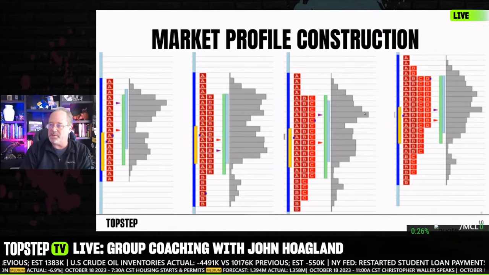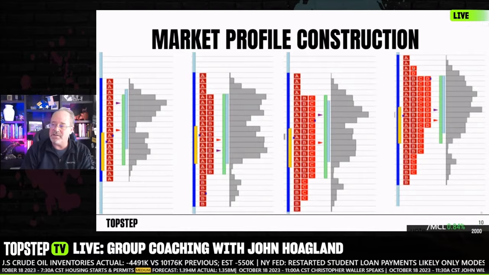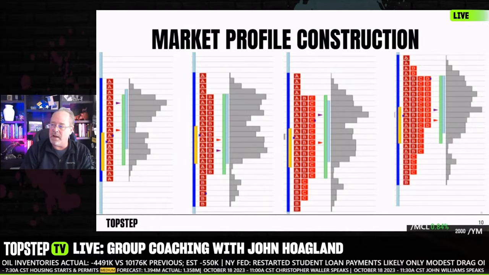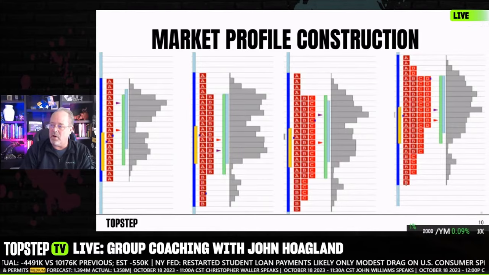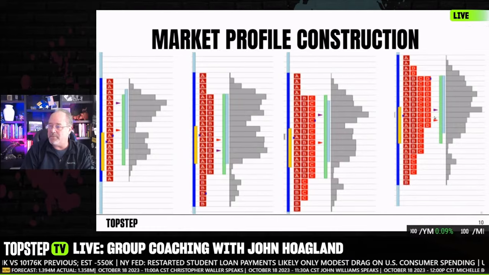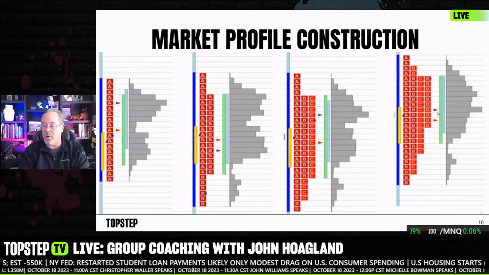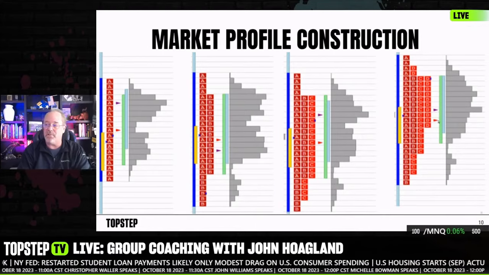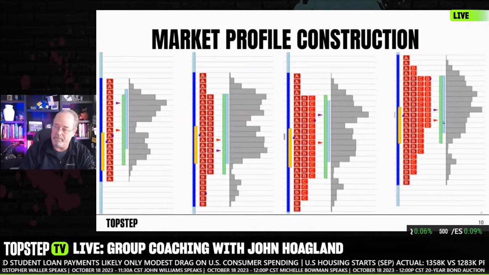D period opens up, takes out the high of B and C, but doesn't take out the high of A. So right now we have excess at the high, we have excess at the low, we have the volume point of control moving actually back lower, closer to the center of the range and the TPO point of control.